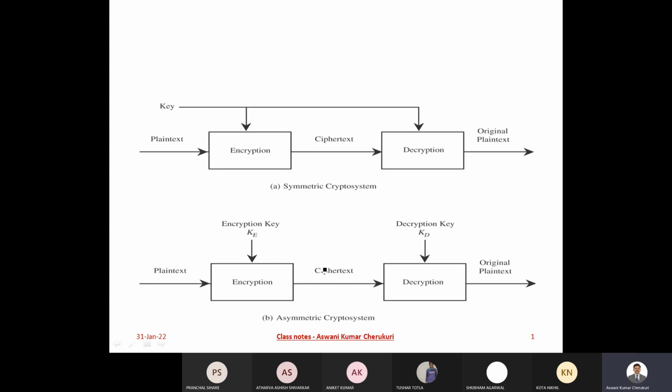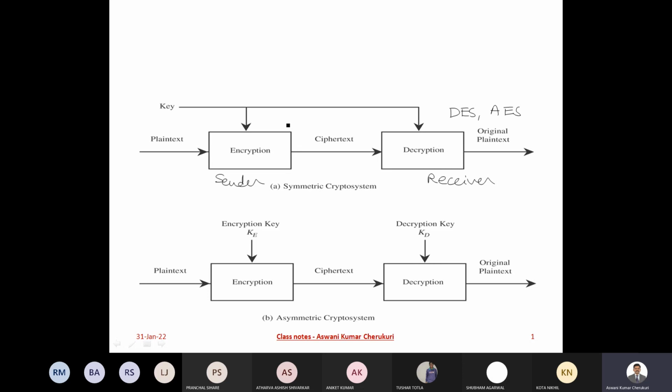If you notice the symmetric and asymmetric crypto systems, the difference is we are submitting the same key for encryption, probably you can think of it as from the sender side, and the decryption happens at the receiver side. So we are submitting the same key for encryption and decryption purpose. Of course, we have discussed DES encryption and AES encryption, which come under the category of symmetric crypto system.